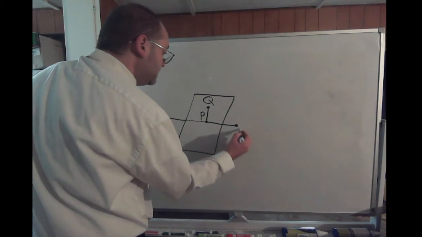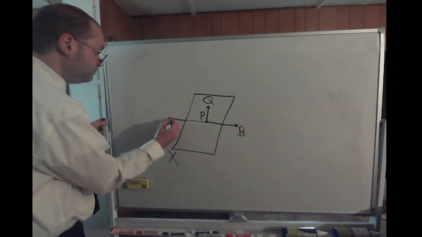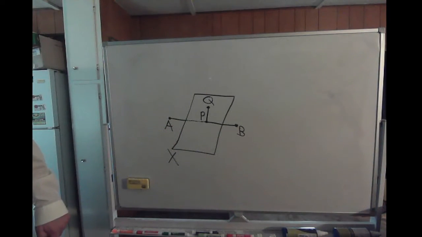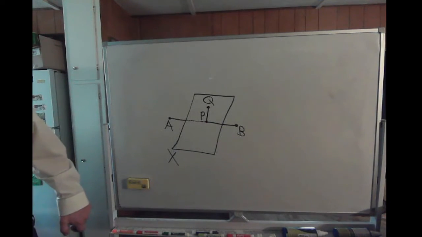See, ends in B, ends in A. And then what's the other one here? I'm just trying to draw this right. Which way does it go?